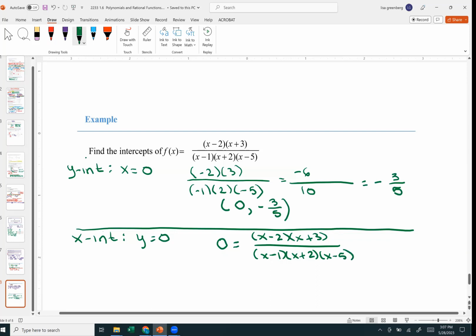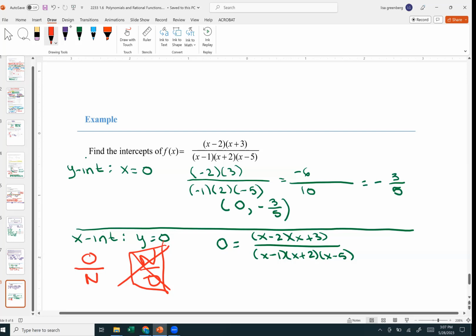Now, remember, to make something 0, all I have to do is have 0 in my numerator and any number in my denominator, right? Remember, I think I showed you this earlier. If I have a number in my numerator and a 0 in my denominator, notice no. So I don't care about my denominator. All I care about is my numerator.